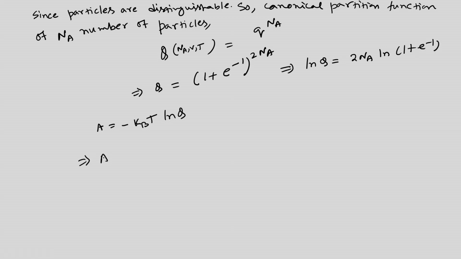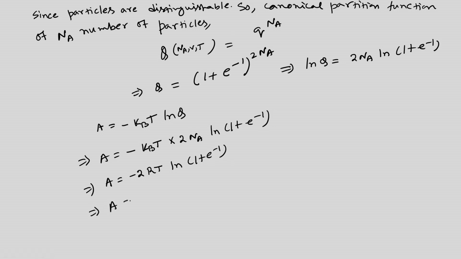So, we get A is minus kB times T times twice N_A ln (1 plus e to the minus 1), and N_A times kB gives R, the gas constant R. So, minus 2RT ln (1 plus e to the minus 1).